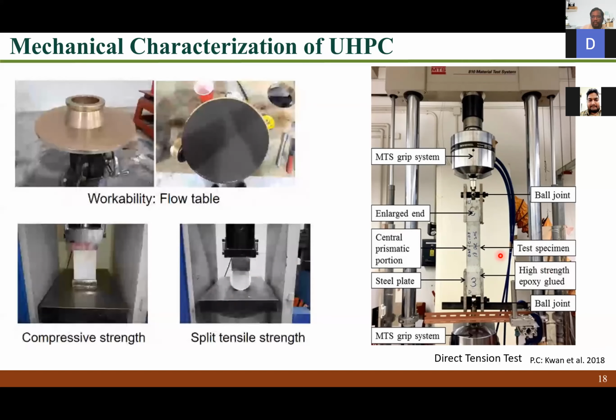Usually people embed bars and strengthen the end portions, which is why you see here the test region is small and the end regions are large, and then you attach a bar and pull on it. The middle portion, which doesn't have any reinforcement, will be subjected to pure tension, so you get the tensile strength. Then you study the performance of this concrete under direct tension.